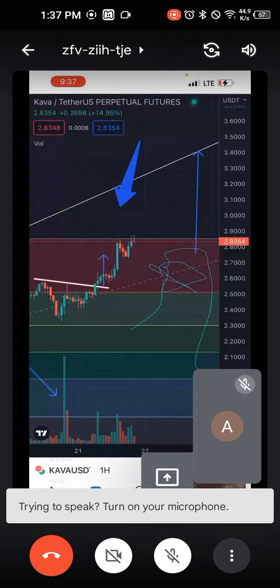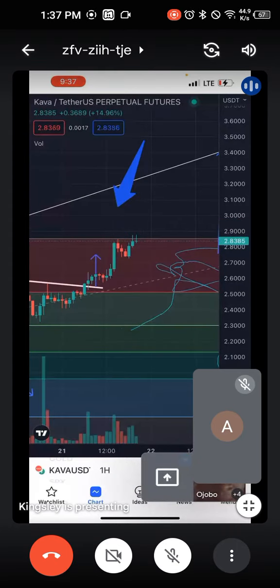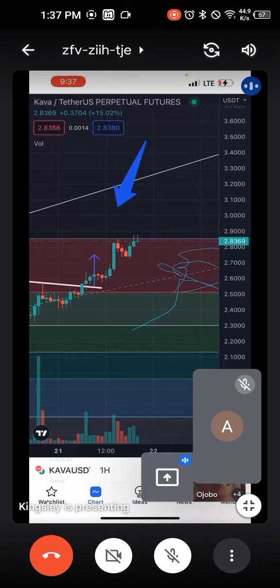It's still happening now. But if we break above it, then people will come. So look at that candle here. Immediately we hit it, we are likely going to reverse. So that's what happened today. Immediately we hit that thing, we started going back.